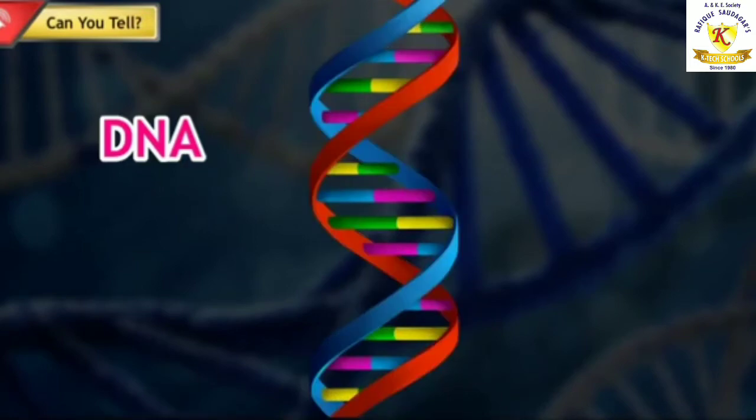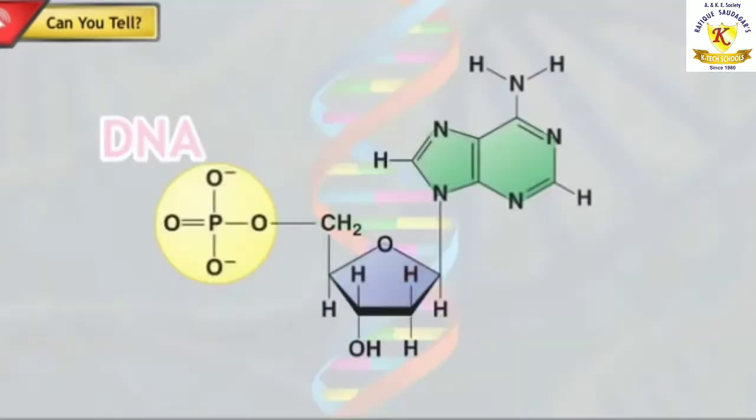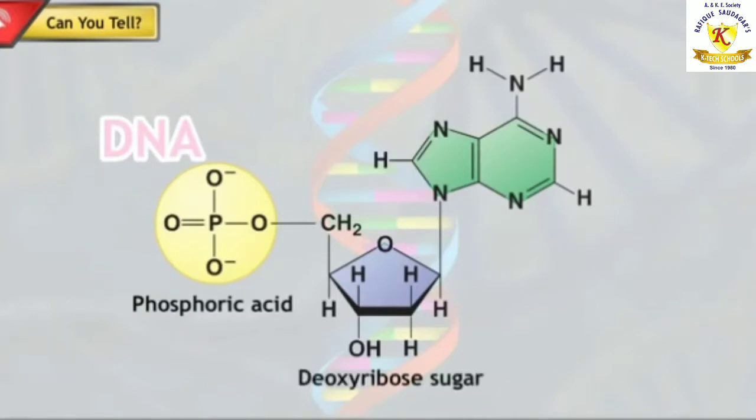Each strand of this helix is made up of nucleotides. Each nucleotide is made up of phosphoric acid, deoxyribose sugar, and nitrogenous bases.